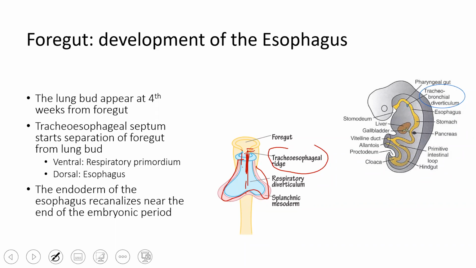So initially you have the foregut or the esophagus, the lung bud starts to develop anteriorly, and then the septum separates the two pieces. Anterior is respiratory; in the posterior you have the esophagus. Okay.